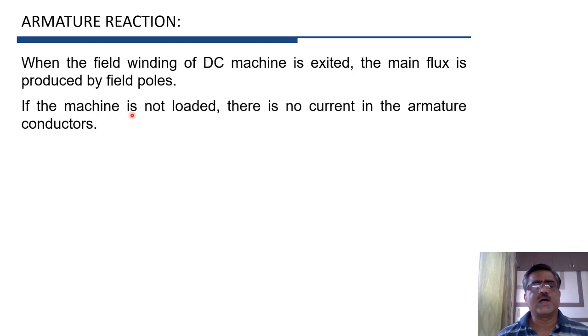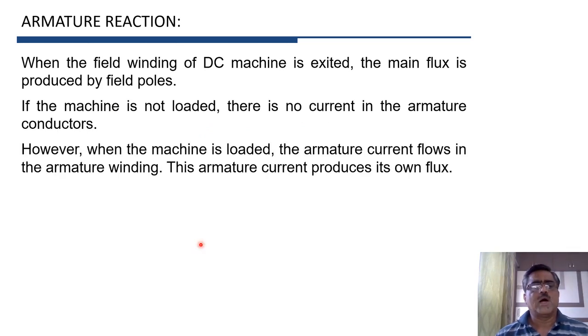So in case of an unloaded machine, there is no current in the armature conductors. However, when the machine is loaded, current flows through the armature winding also. And therefore, this armature current produces its own flux.